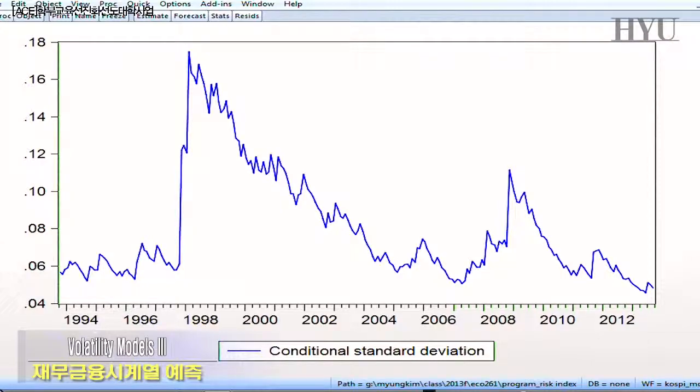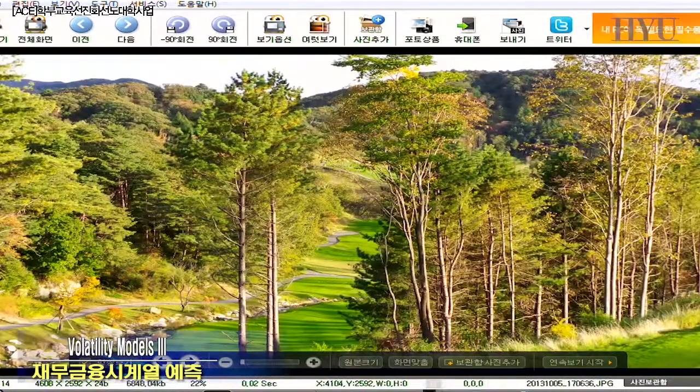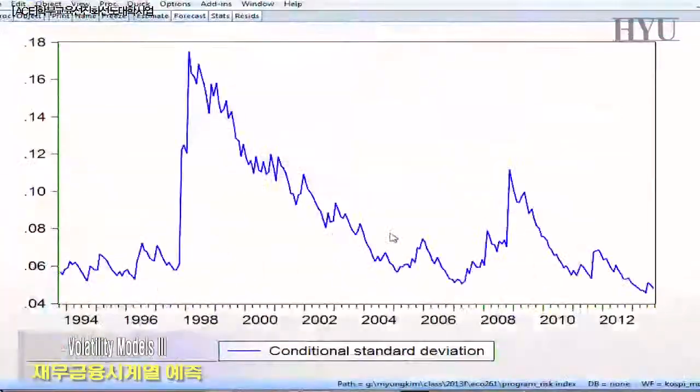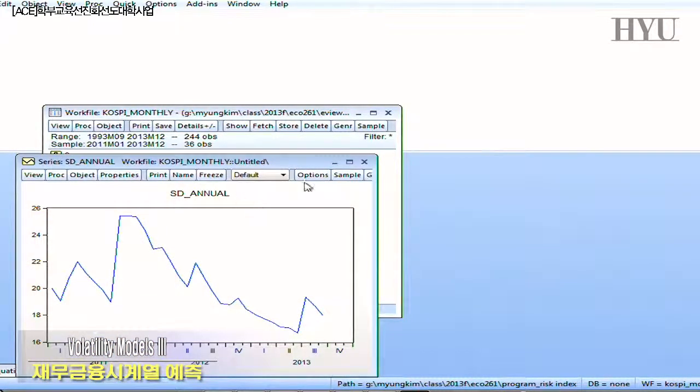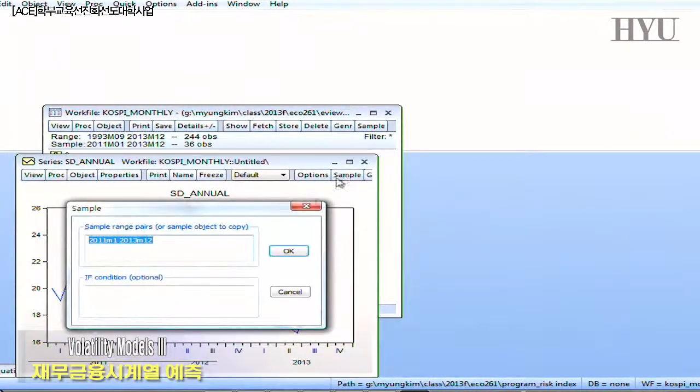When we actually did that, this was the annual figure. Let's change the sample.